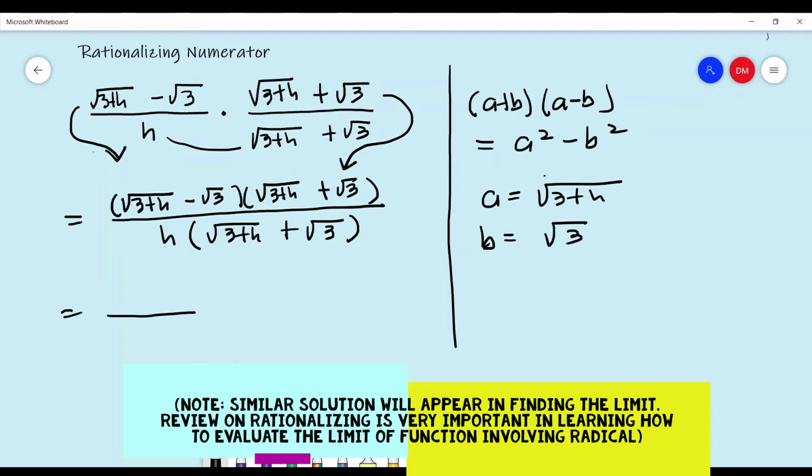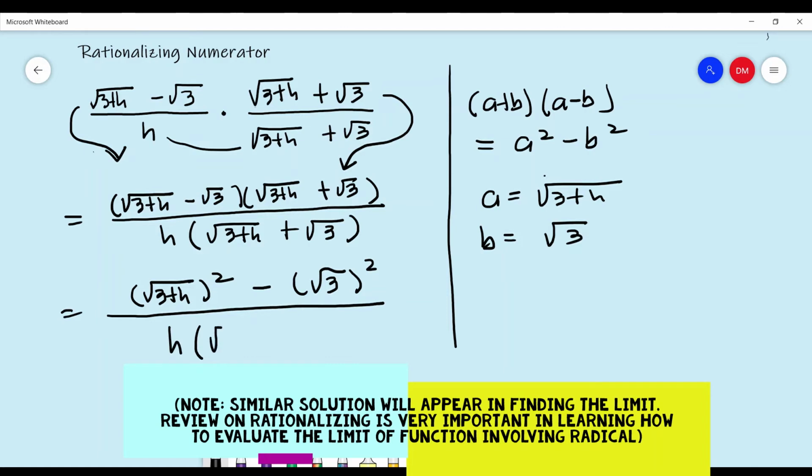So going to the next step, we will have here the square of 3 plus h minus the square of 3 all over h times, open parentheses, square root of 3 plus h plus square root of 3.